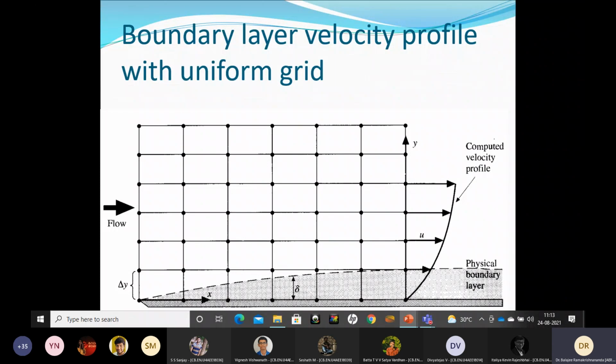It's not up to scale. You're right. 95% of free stream velocity is reached, at least. But this shows only 50% of the free stream velocity is reached. But don't worry about it. It is just a representative, schematic diagram. Okay, sir.